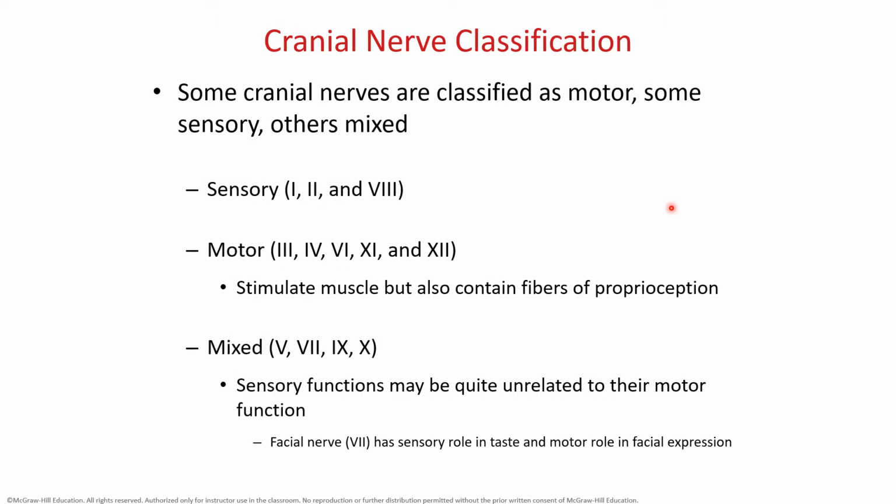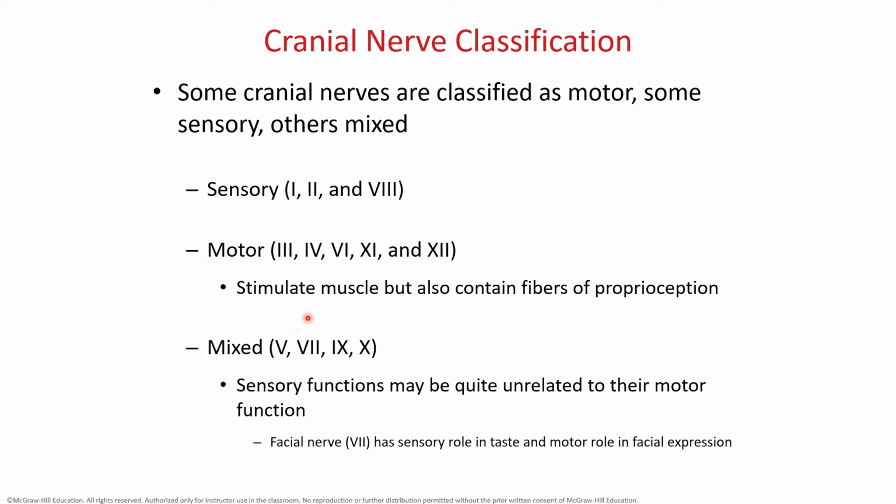So we classify cranial nerves as either sensory cranial nerves, motor cranial nerves, or mixed cranial nerves. If they're mixed, that means they are delivering both sensory and motor. So here we can take a look. Cranial nerves 1 and 2 are purely sensory, and we also have cranial nerve 8 as a sensory cranial nerve.